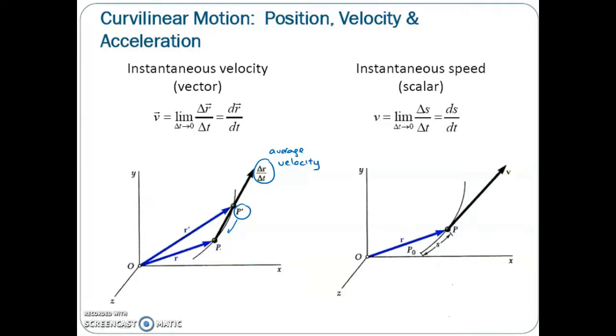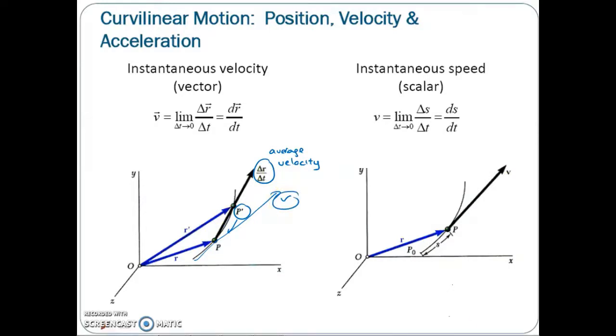And in this case, the vector v of the particle at time t is actually tangent to the path of the particle.